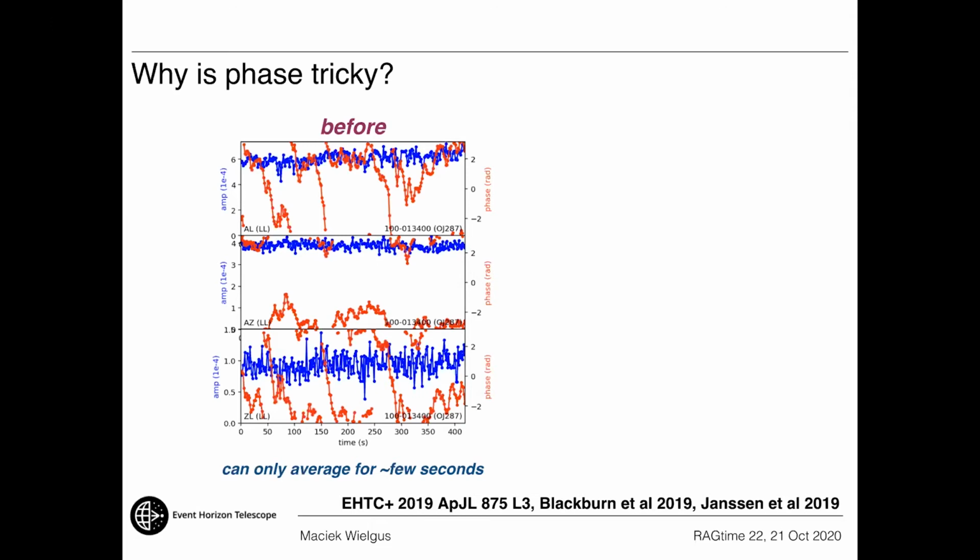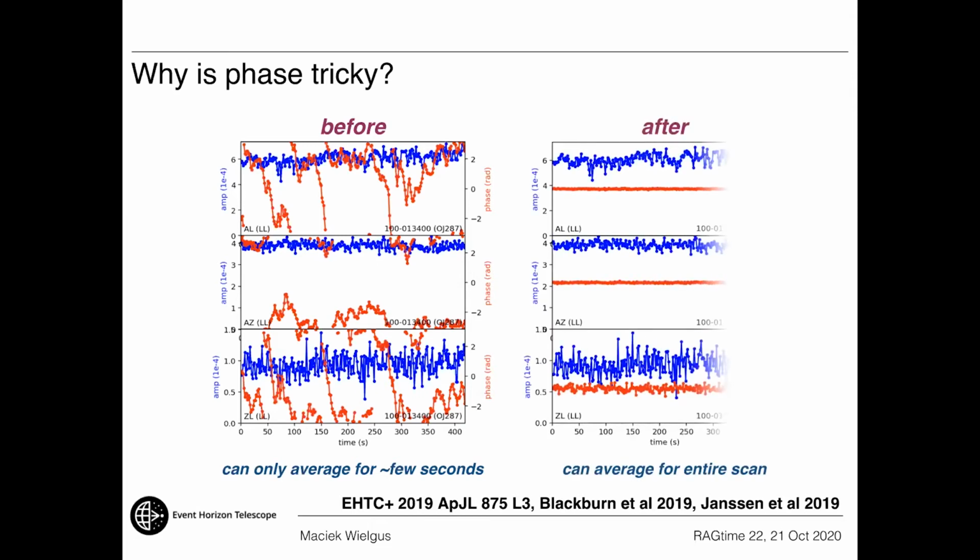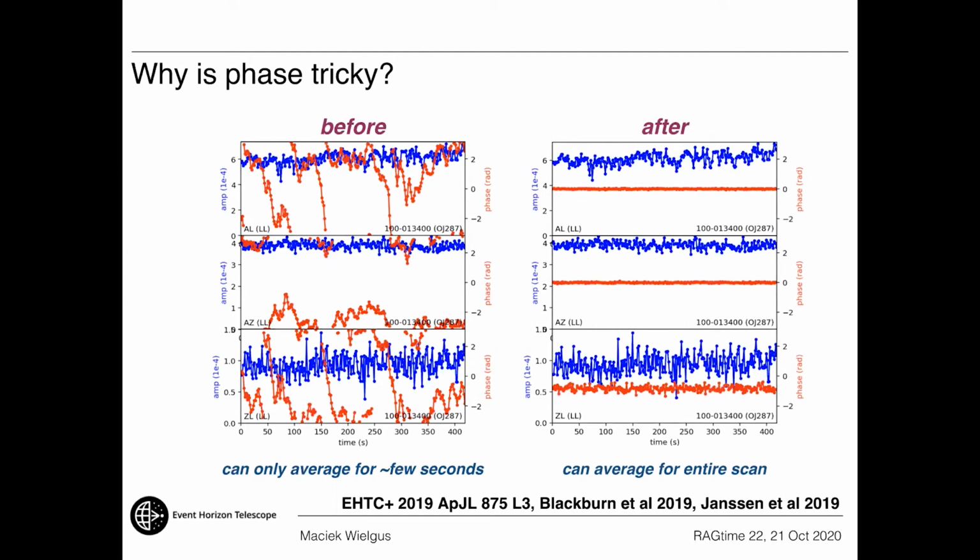It is nevertheless still very tricky to get a phase measurement at each station. What you see here in the left panel, the red curves, is what you get from the atmosphere. All this corruption, all this wrapping of phase is related to the turbulence in the atmosphere.